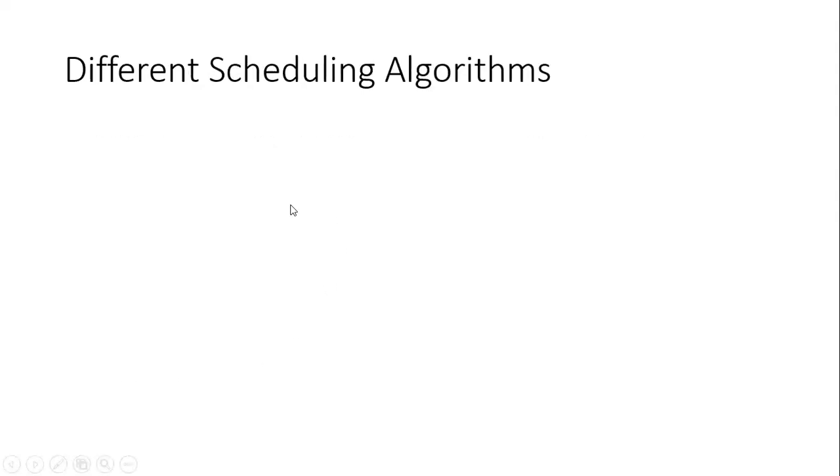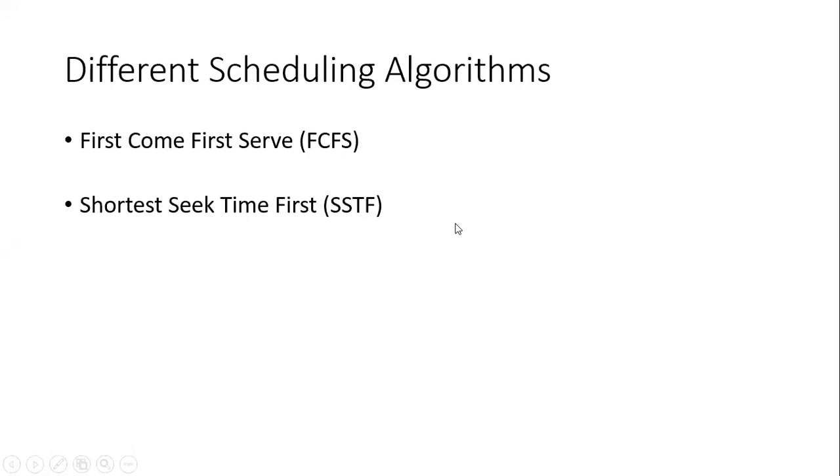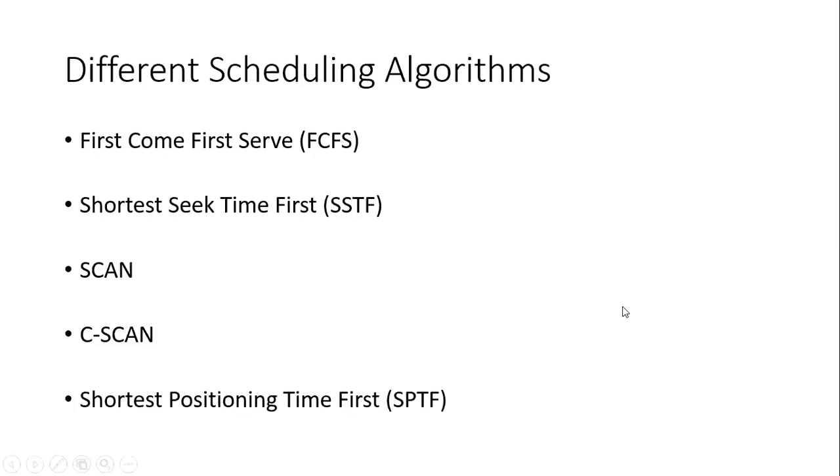Now just see which are the different algorithms we are going to see here. As per your syllabus, we are going to see first come first serve, of course, which uses the FIFO strategy. Then shortest seek time first, that is the second algorithm. Then SCAN, C-SCAN, and the last one is shortest positioning time first.